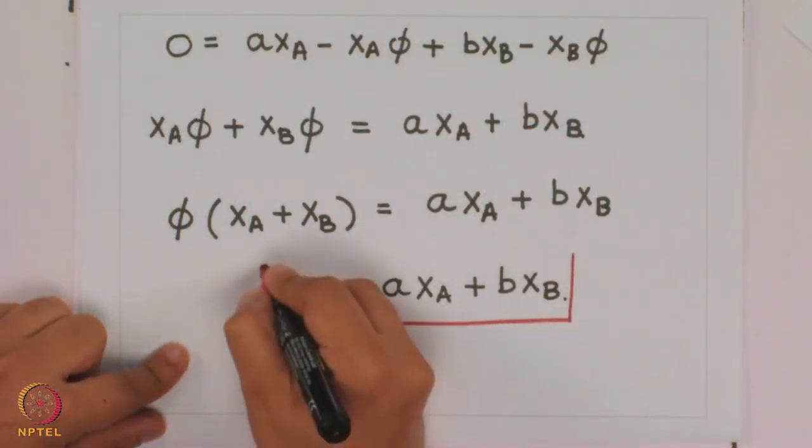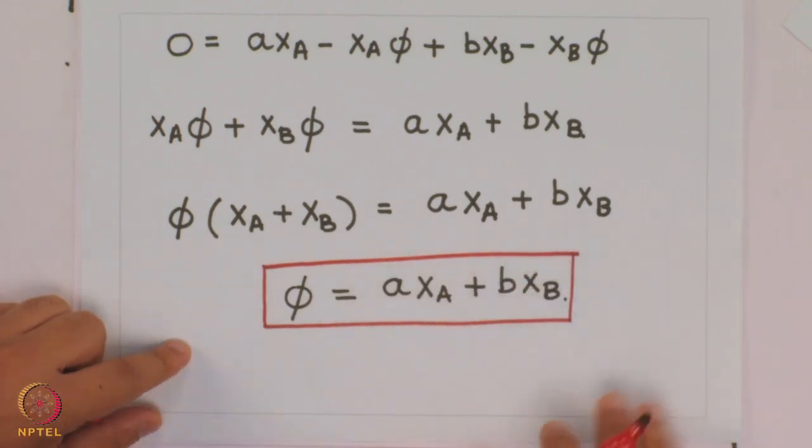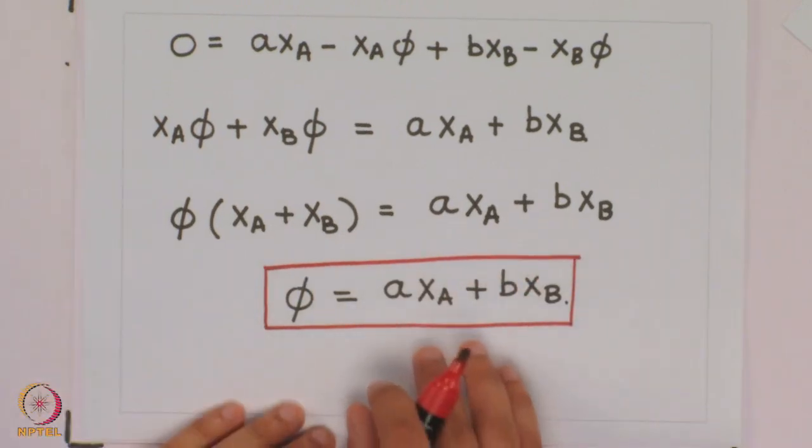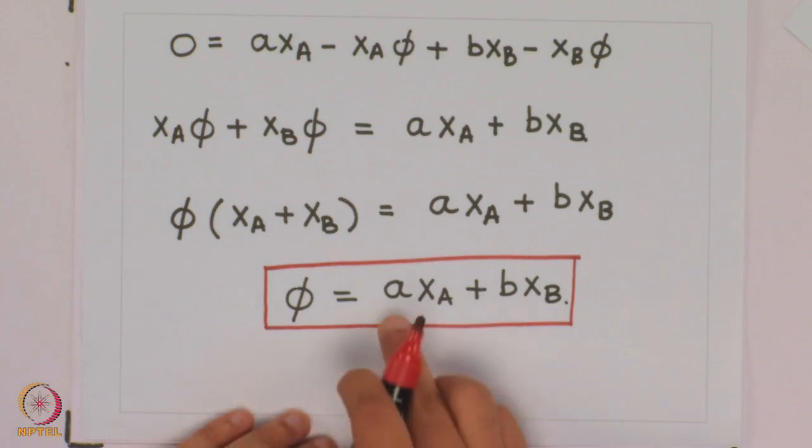Now what does this phi mean? This phi has a very important biological meaning associated with it. This is the expression that I have for phi. Just look at this expression carefully. What is a?